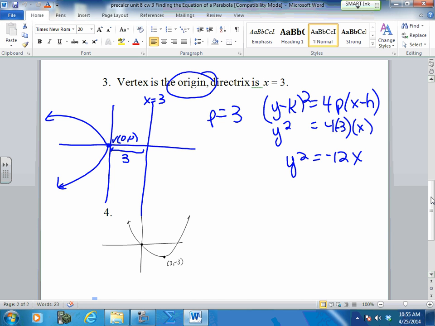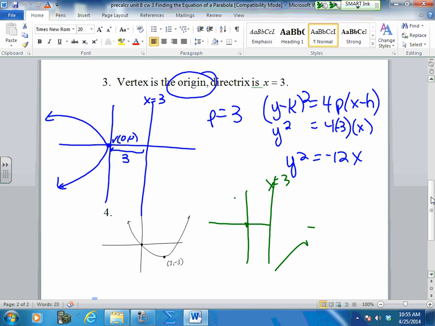Okay? Yes. I don't have to do up or down. Well, because when they gave us this to start with the 0, 0, they didn't give us which way to go. They just gave us the 0, 0. And they gave you the directrix. Your parabola can't cut through your directrix. So therefore, it can't go up. It can't go down.